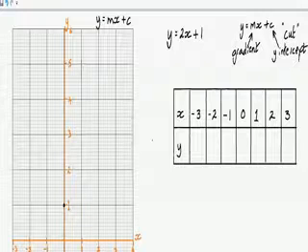Generally you don't really need to know this, but generally the lower the number, the shallower the gradient. So if we had y equals 2x plus 1, fairly steep. If we had y equals 6x plus 1, very steep.